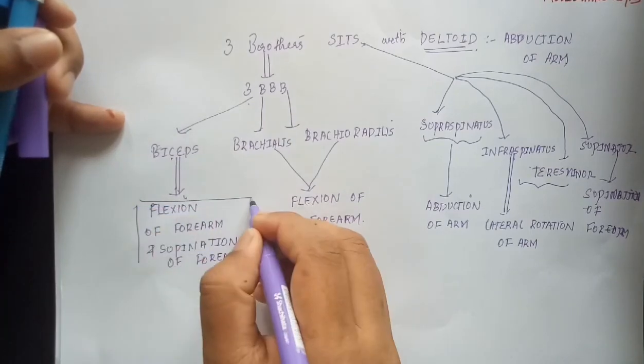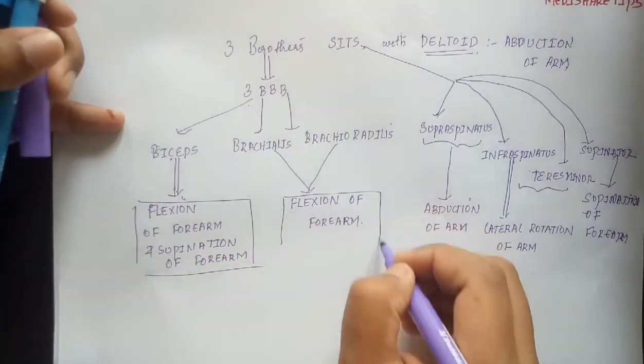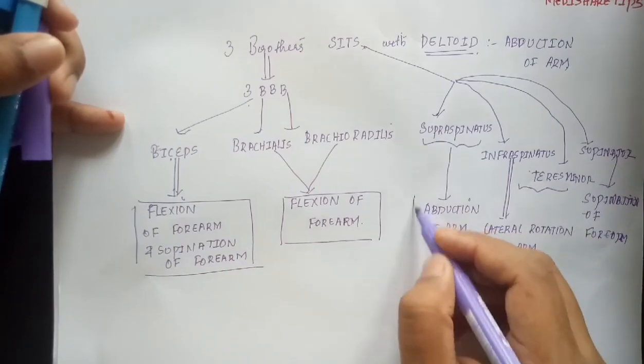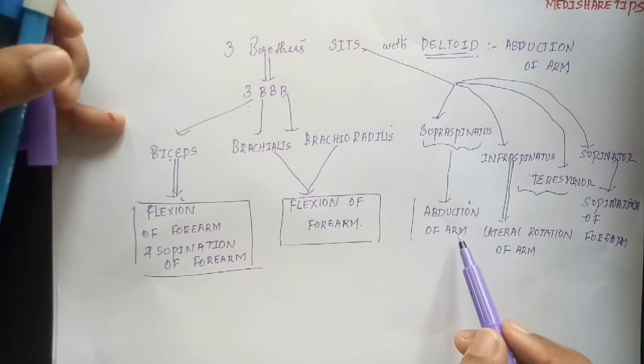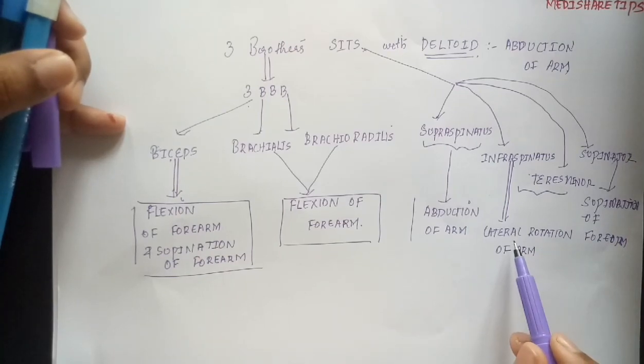So all these movements are affected because of paralysis of these muscles. Flexion of the forearm and supination of the forearm are affected. Abduction of the arm is affected. Lateral rotation of the arm is affected.